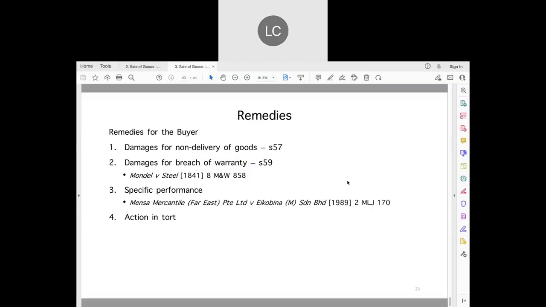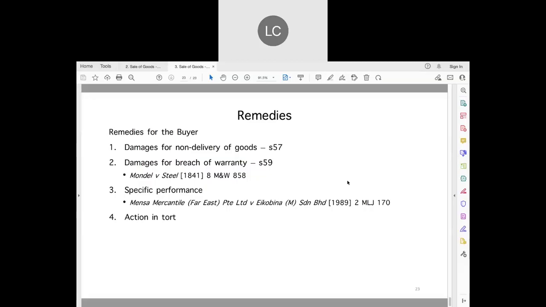Then the buyer can also ask for specific performance. The main remedy of the buyer in the event of non-delivery is a claim for damages, but in some circumstances, the court may order specific performance. This is stated by section 58.